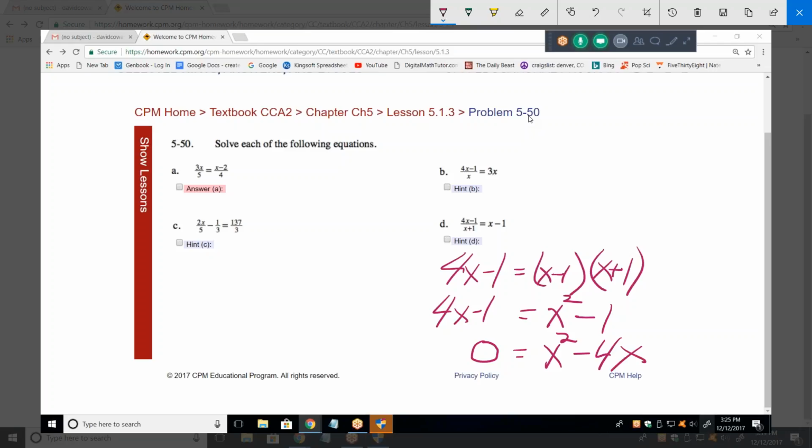If I add 1 to both sides, the 1's disappear. So just as is. Now I have still got to solve it.